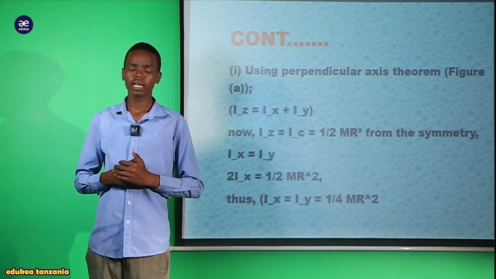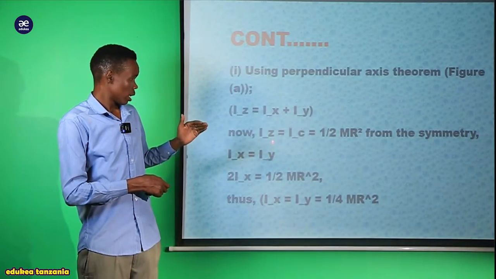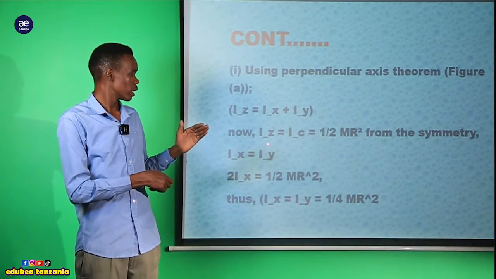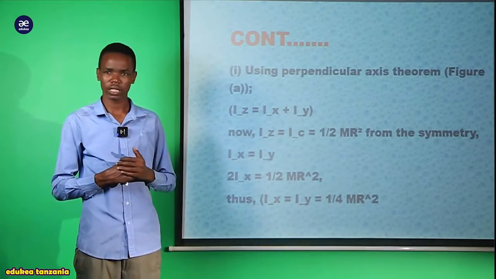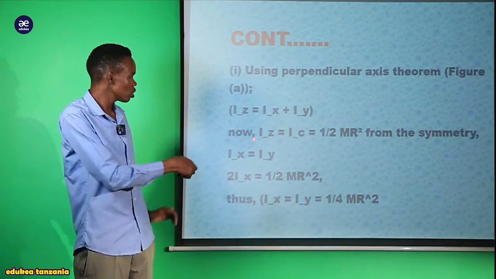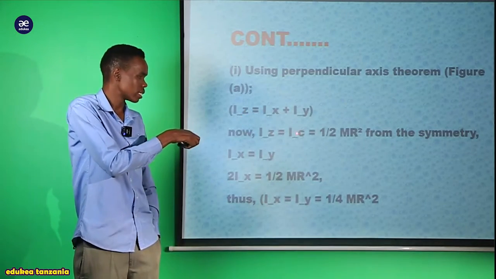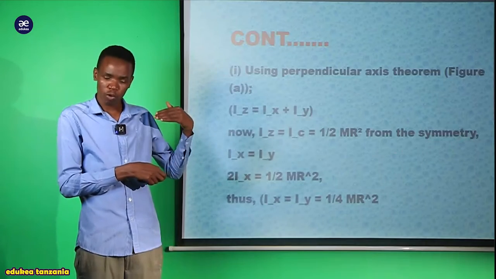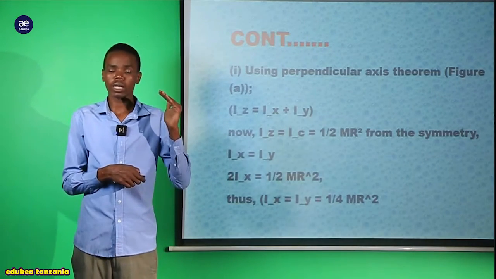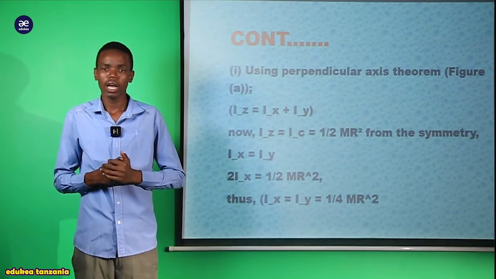So now let us imagine that the moment of inertia along the z-axis is equal to the moment of inertia along the center. We take this moment of inertia along the z-axis to be equal to the moment of inertia about the center, which for a uniform circular disk we said is equal to half mr square.